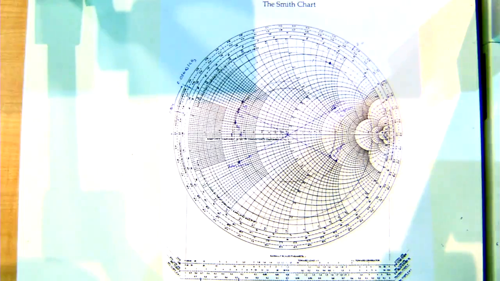This is where most of our life as engineers becomes problematic. We design these networks and we want to match them so that we can get maximum power transfer and do all these great things, but nature's never that kind.